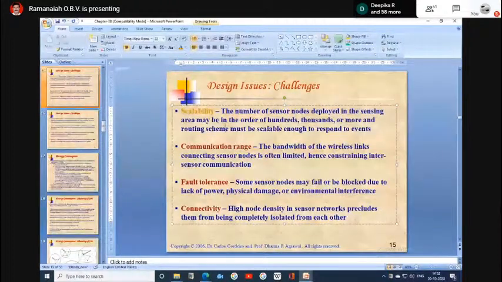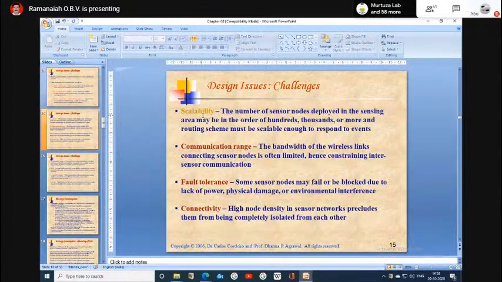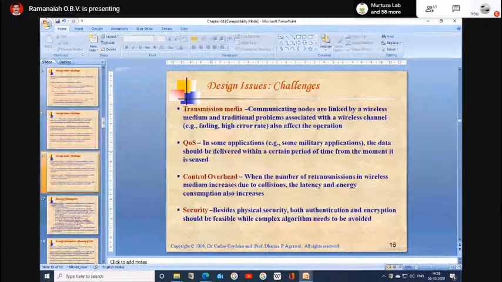Communication range, fault tolerance, connectivity. Right. So these are the other challenges. Then continuing further, routing protocol design is heavily influenced by many challenging factors such as ad hoc deployment, computational capabilities, energy consumption without losing accuracy. Yeah, I have already discussed that point.